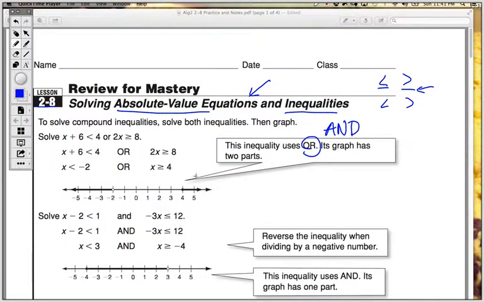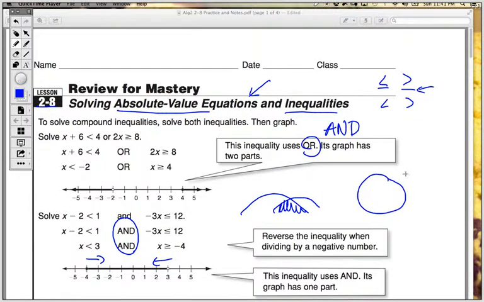One of the general consistencies is that when you see something say "and," you're going to tend to have something that's going inside toward itself, where it's kind of a common area. If you imagine a Venn diagram, it's the piece in the middle, where the left circle and the right circle overlap.